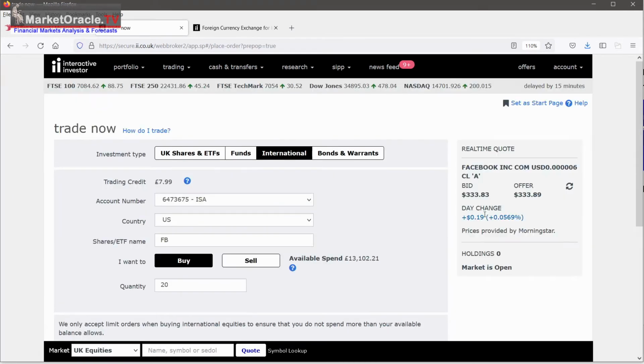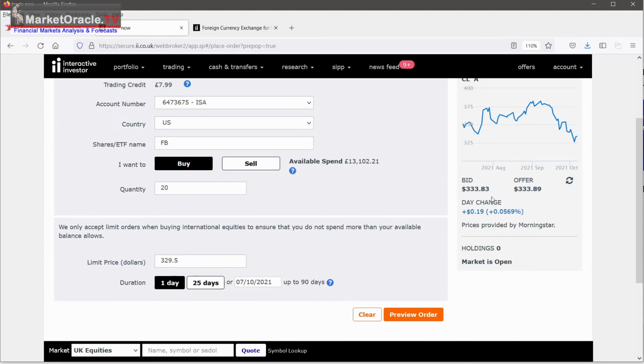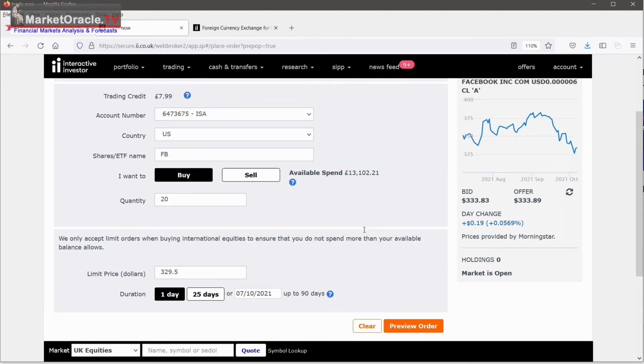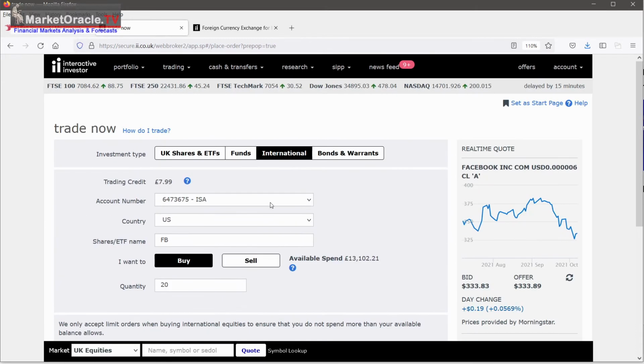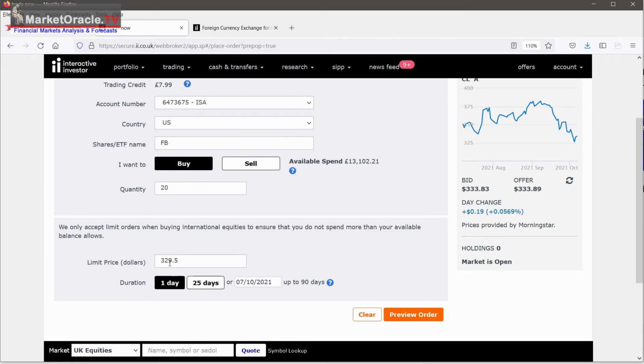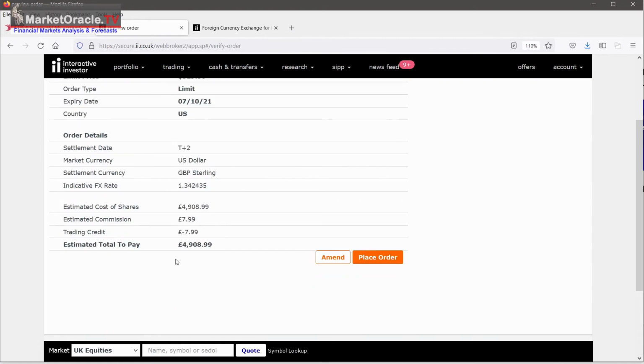What's the current price? 333, it has gone down a little bit. So I would basically say II, Interactive Investor, is the clear winner. The 1.5% to 1% fees, the red heading. Their platform's a lot better. You can set a stop, like I set a stop at 329.5. It will get executed, and for that I will pay £4,908.